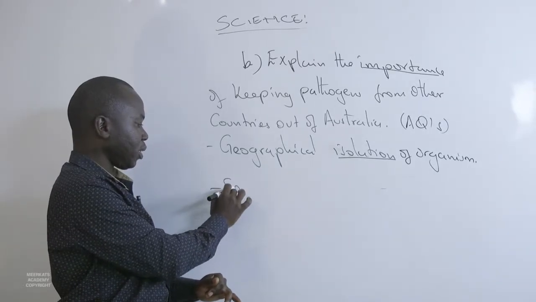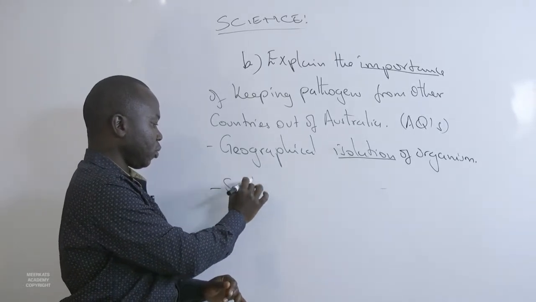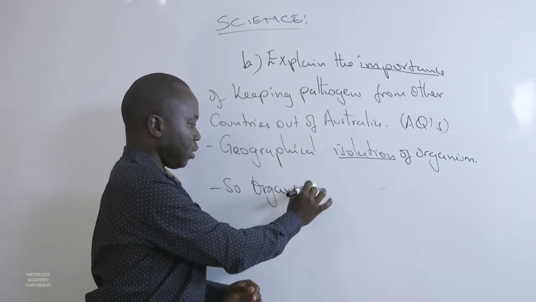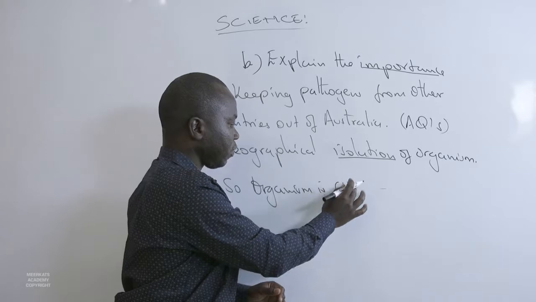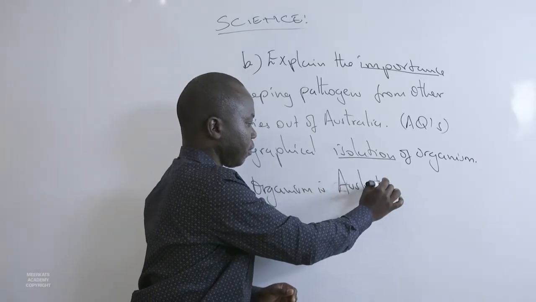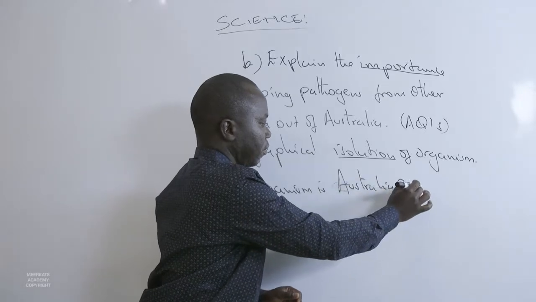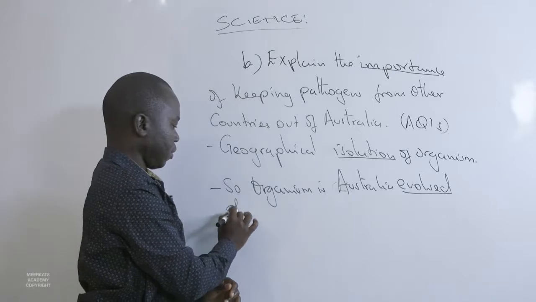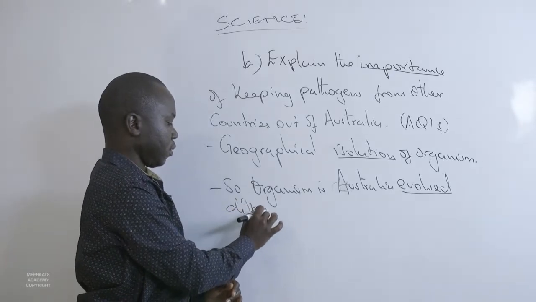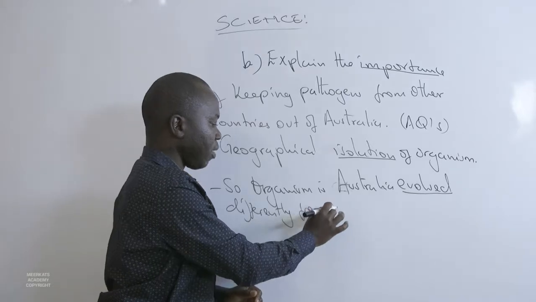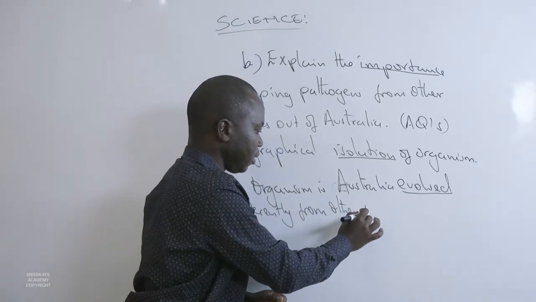So the organisms in Australia evolved differently from other organisms of the world.